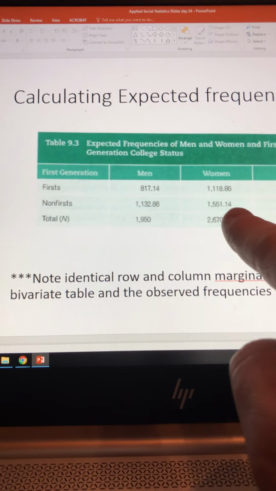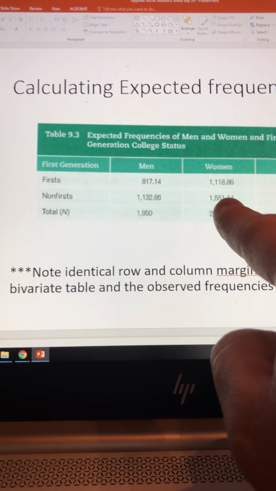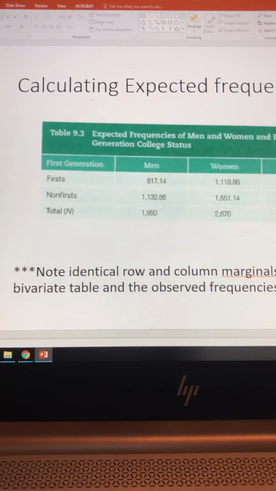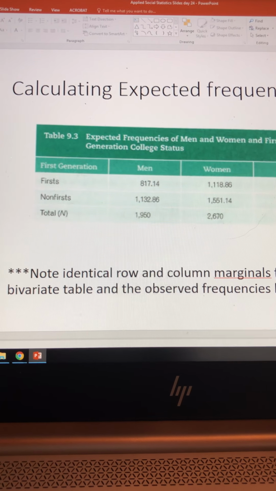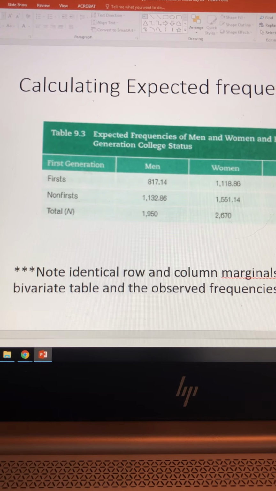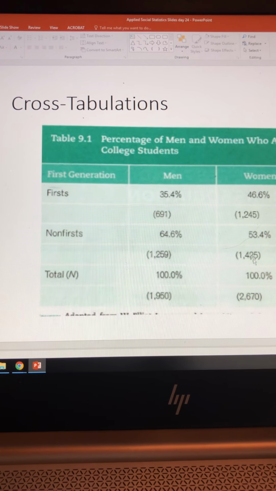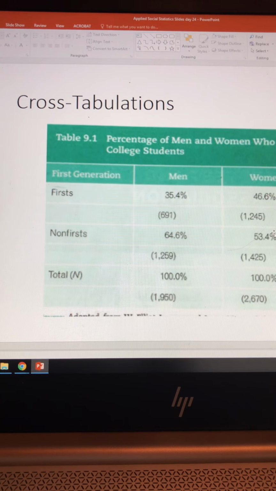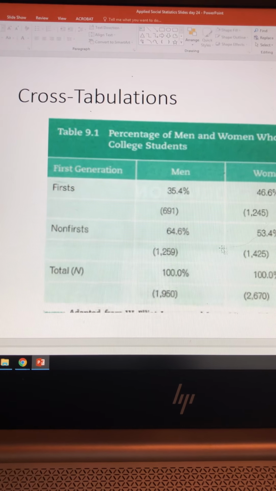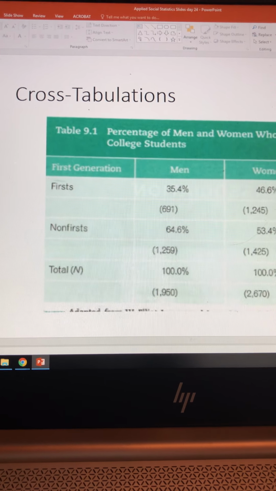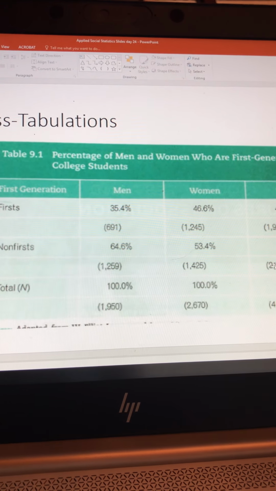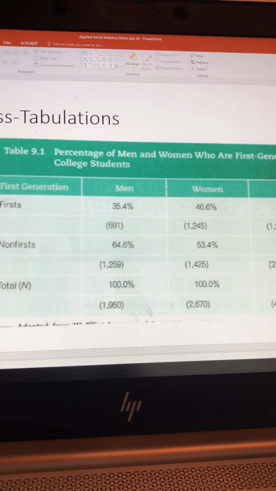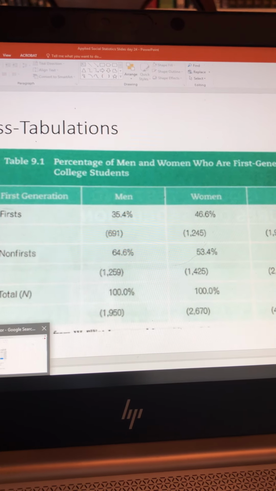So let's just do another one. Take a look at this. This is the expected number, if there were no relationship, of women who are non-first generation, 1551.14. So let's calculate that number so you can see where that's coming from. We'd have to take the row marginal for non-first and then the row marginal for women. So it's 2,684 times 2,670.